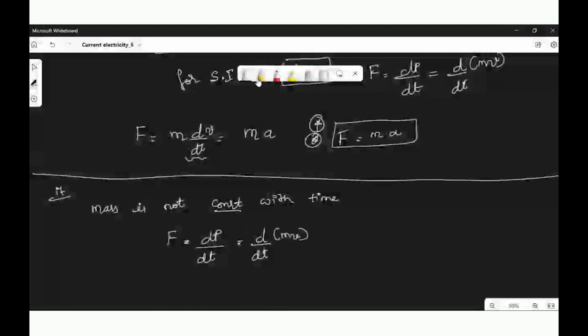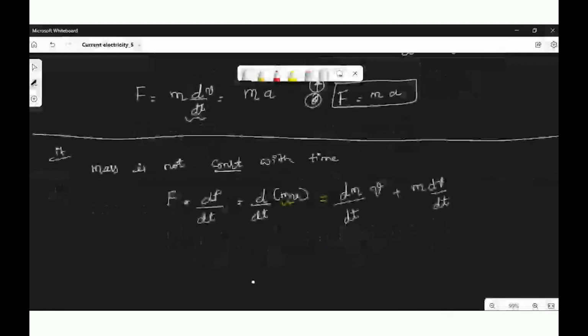So now both are variable in time, correct? Mass is also a variable in time, velocity is also a variable in time. So what will we do? First I differentiate mass, dm by dt, the rate of change of mass, and I'll keep velocity as it is, plus I'll keep mass as it is, and now I differentiate velocity.